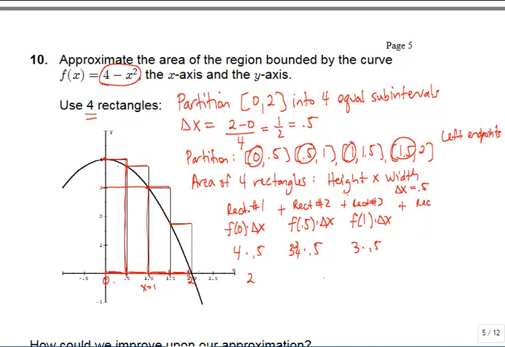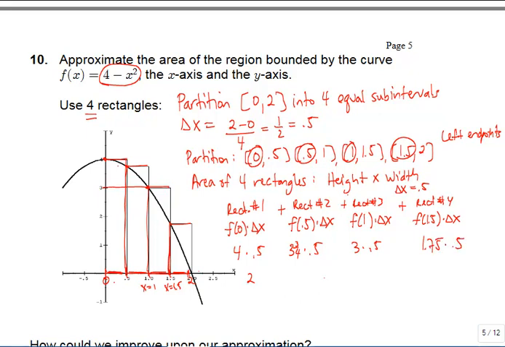And then for our last rectangle, that one is supposed to have a height however high the function is when x is 1.5. So f of 1.5 times our delta x. And when you plug in 1.5 into this function, you get 1.75.